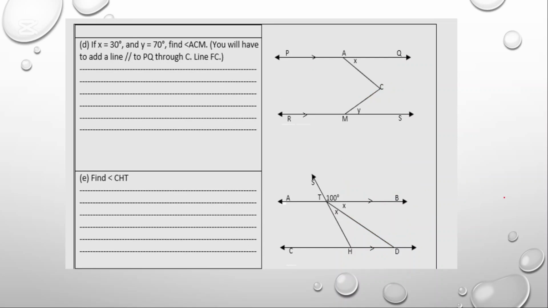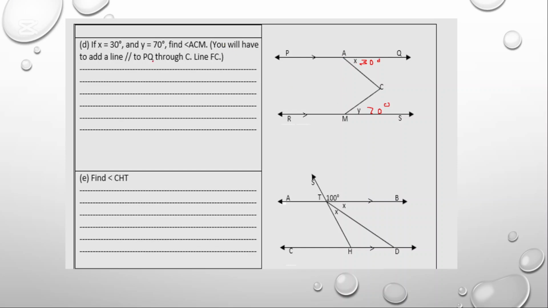If X is equal to 30 degrees, and Y is equal to 70 degrees, find ACM. You must find this angle there.